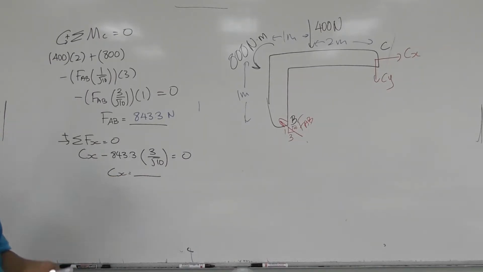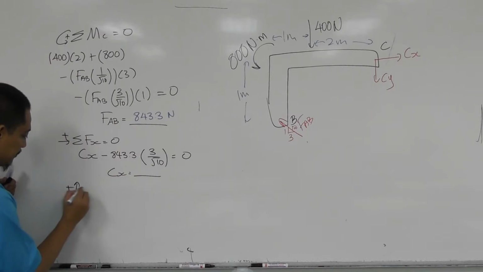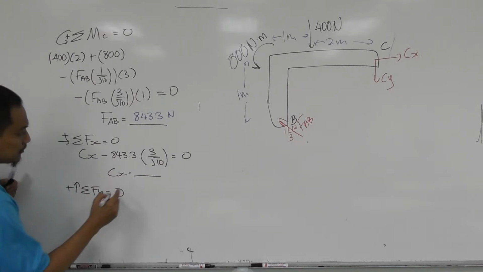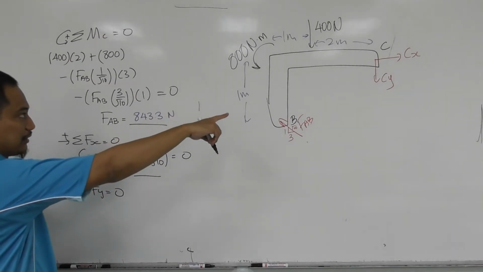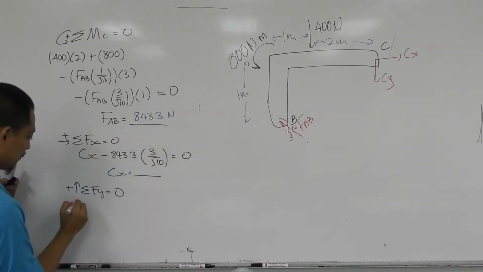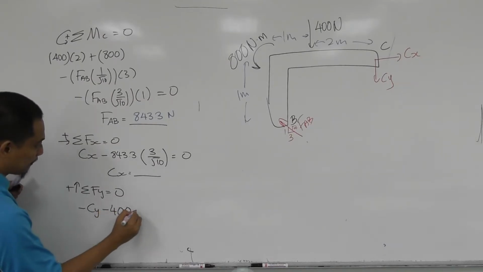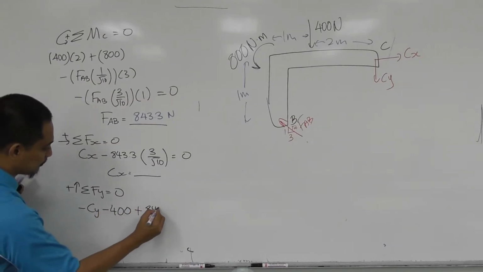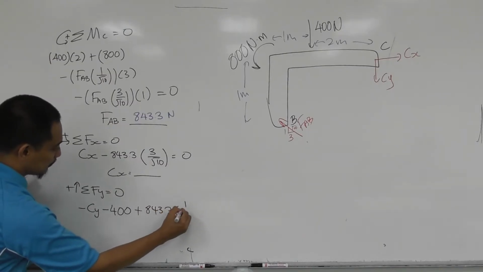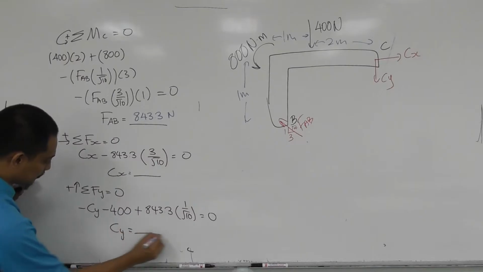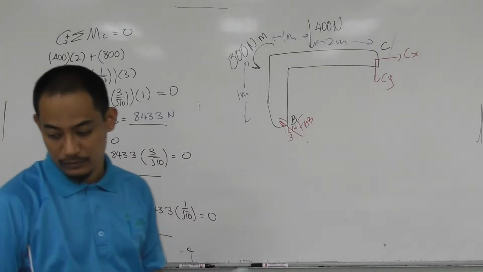And then for Cy, summation of Fy equal to 0. In my case, I assume it to be downward, so minus Cy minus 400 plus 843.3 times 1 over square root of 10 equal to 0, then for Cy you have your answer, right?